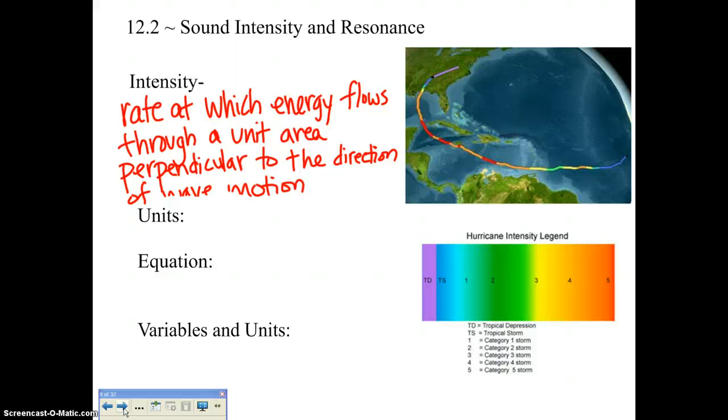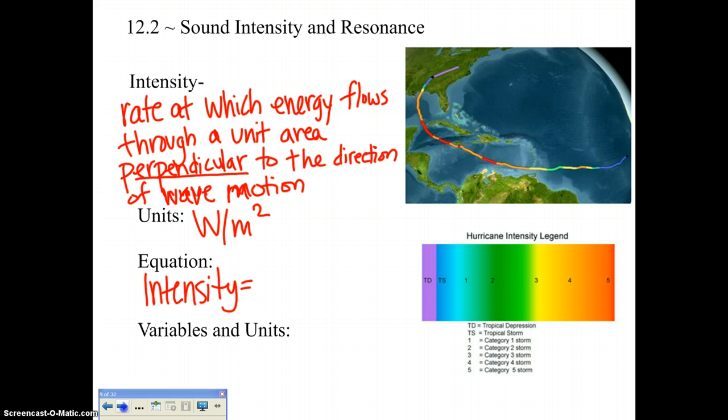Intensity, the rate at which energy flows through a unit area perpendicular to the direction of wave motion. So the direction of wave motion. The units are going to be watts per meter squared. The equation, you cannot abbreviate the word intensity, because if you do, that means I, which is current measured in amps.